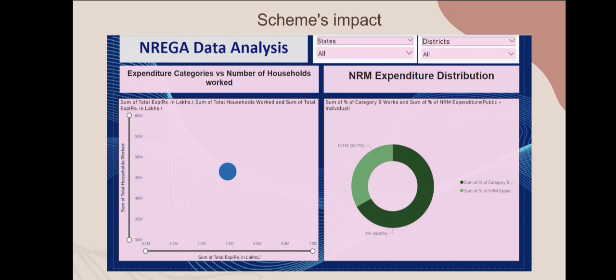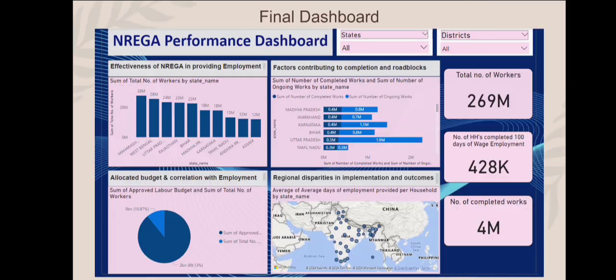Here the dark green color indicates the sum of percentage of category B works, which covers around 39K of sum, that is 66.83% of the total sum, and light green color indicates the sum of percentage of NRM expenditure, that is around 19.55K. Approximately around it is 33% of the total sum.